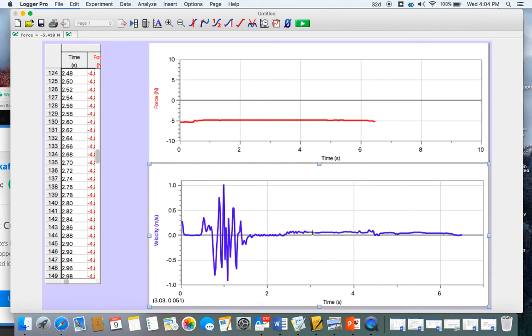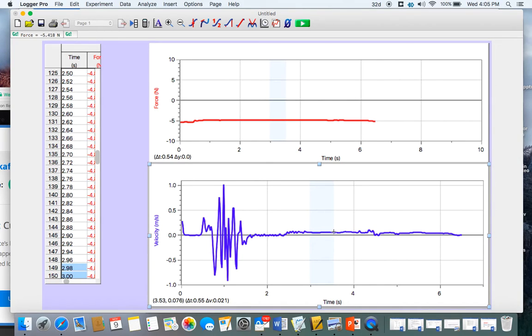I'm going to do something right here called a linear fit, and I'm going to see whether or not I have very much acceleration. If I have an acceleration that's close to 0, then I can assume that this is indeed a period of constant velocity. So I'm going to take my cursor and drag it over the period that I think looks very linear, and let go after it's highlighted the chunk that I suspect is constant velocity.